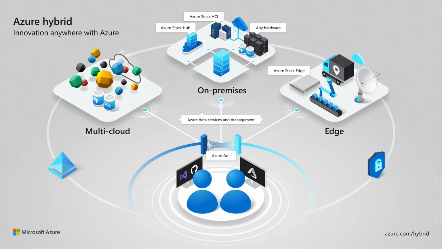One is servers and Kubernetes clusters. They can run anywhere, either in your data center, on bare metal servers, or Azure Stack infrastructure, or even Azure Stack Edge. And then we have multi-cloud, which is running on one of the mainstream public cloud environments.